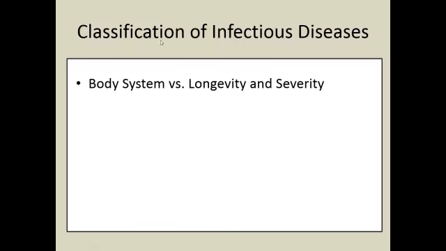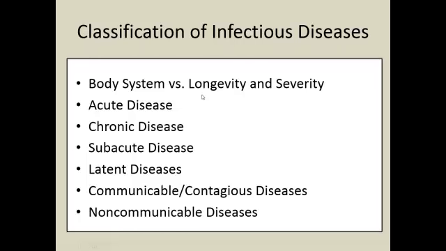So we've got other systems that we usually use along with or parallel with the body system, and that would be longevity and severity. So let's take a look at some terms that are related to longevity and severity. Acute diseases are those in which the signs and symptoms appear very quickly, and usually they go away very quickly.